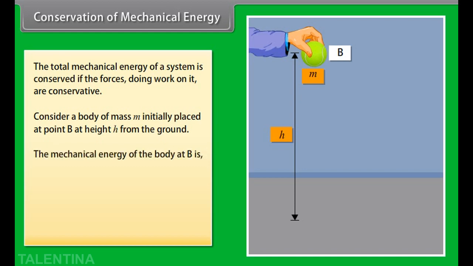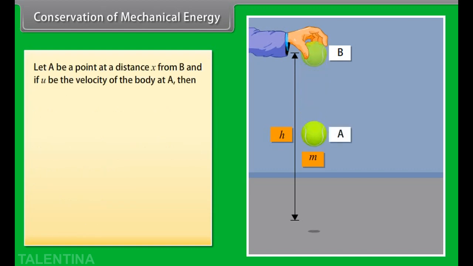The mechanical energy of the body at B is equal to kinetic energy of the body at B plus potential energy of the body at B, which is 0 + mgh = mgh.